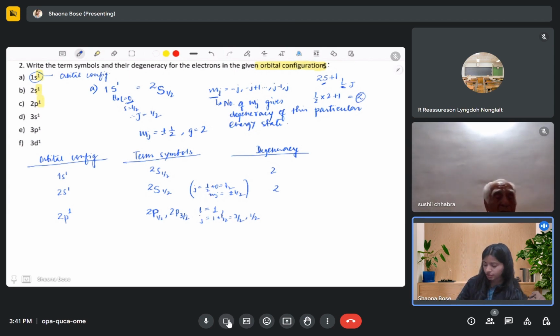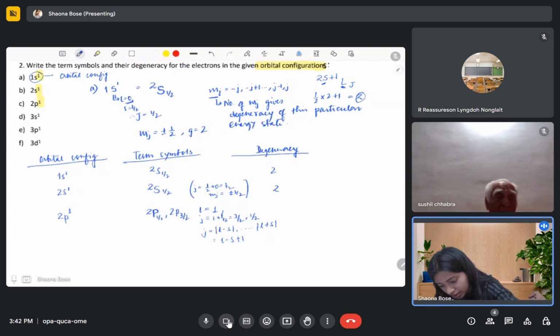Yes, so why do we have two terms, 3/2 and half? Because J runs from L minus S to L plus S, in steps of 1.